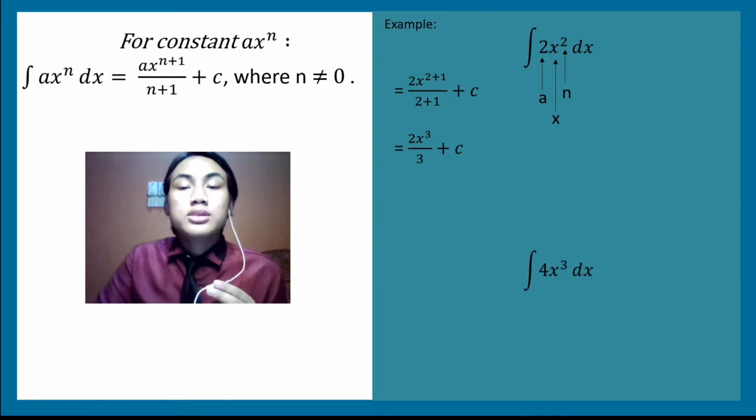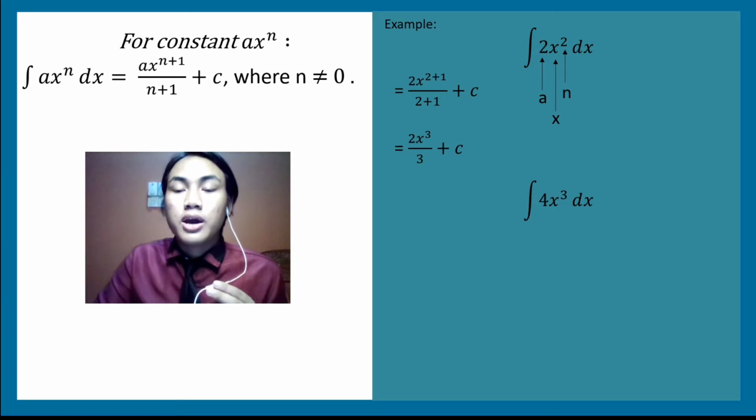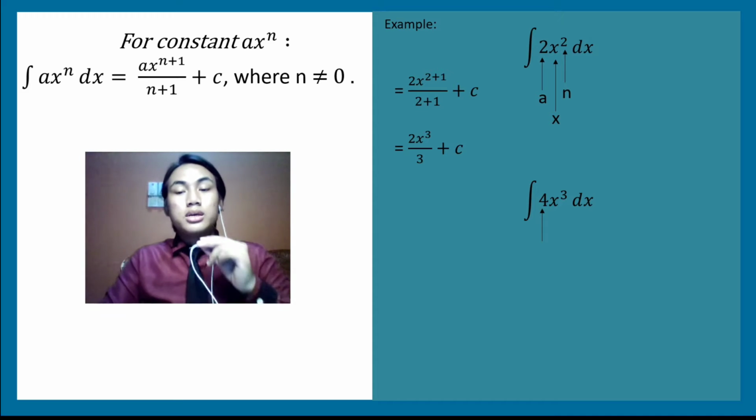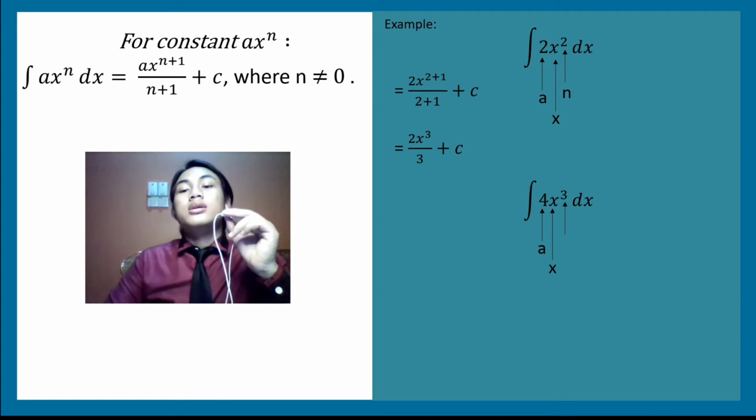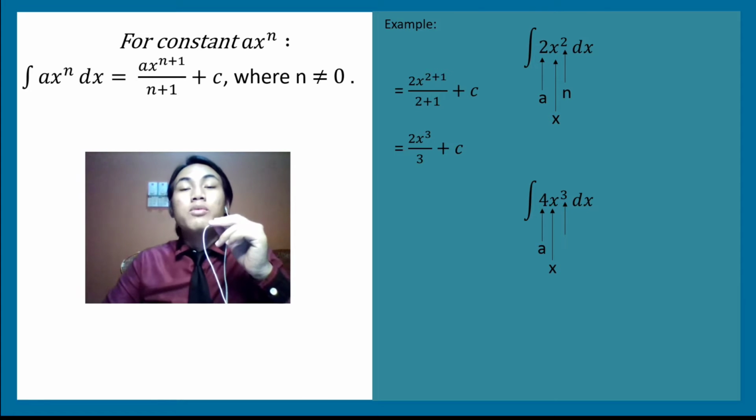Next example, we have integrate 4s cubed ds. Again we recognize what is our a, our s, and our n. Our a is 4, our s is s, and the power of 3, or cubed, is our n.